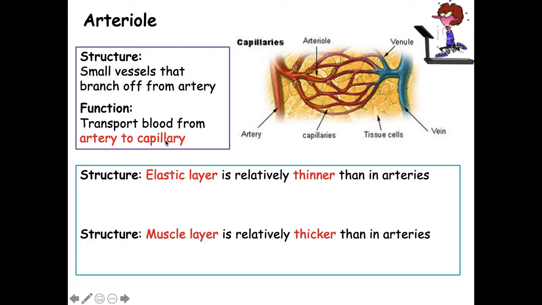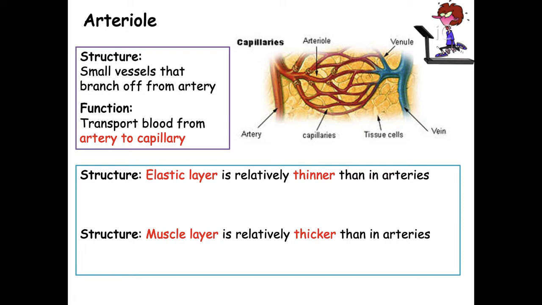Arterioles transport blood from the artery to the capillary. The slightly smaller versions of arteries, they still have an elastic layer, and it's thinner than in arteries. They still have a muscle layer. We've actually come across the way that arterioles can contract and relax to constrict or dilate to affect the flow of blood.